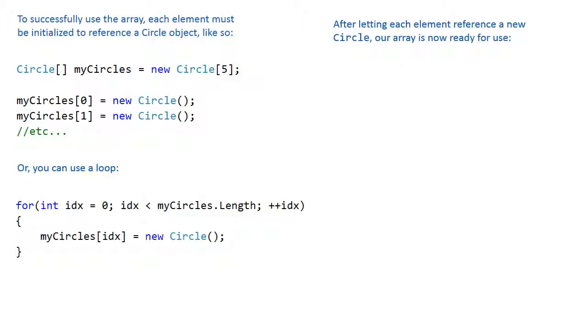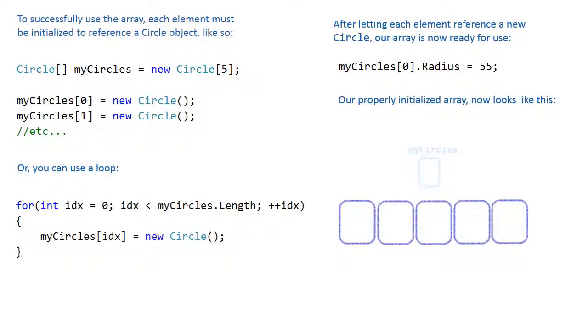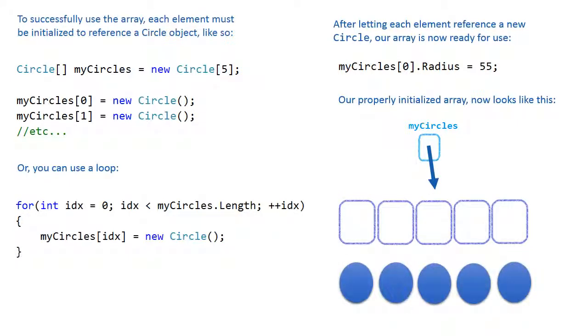After initializing the elements, we can now use the element as if we were using a normal circle object. And this is a quick look at our properly initialized array. myCircles references the 5-element array, and in turn, each element of the array references its own circle object.